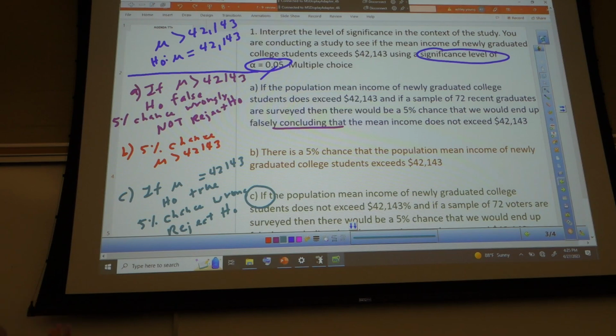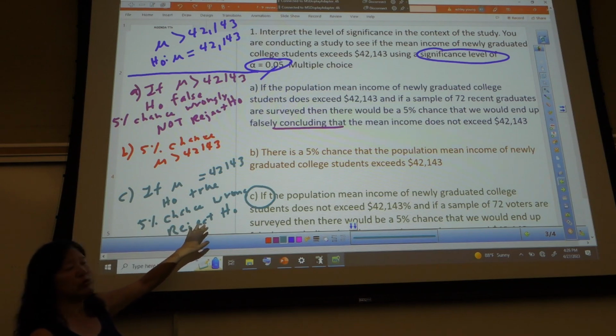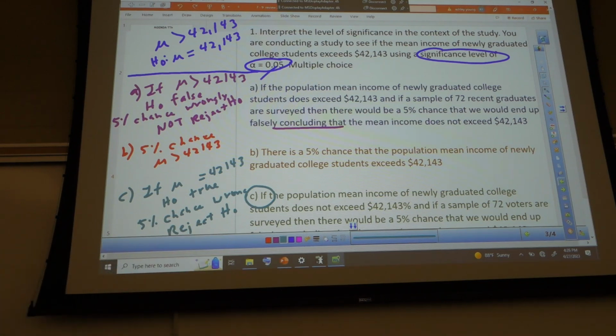There's a 5% chance that H1 would be supported. That is your alpha, you're right. So in other words, 5% chance that H1 would be supported, and you'd reject H0. So the one that says that at the end.